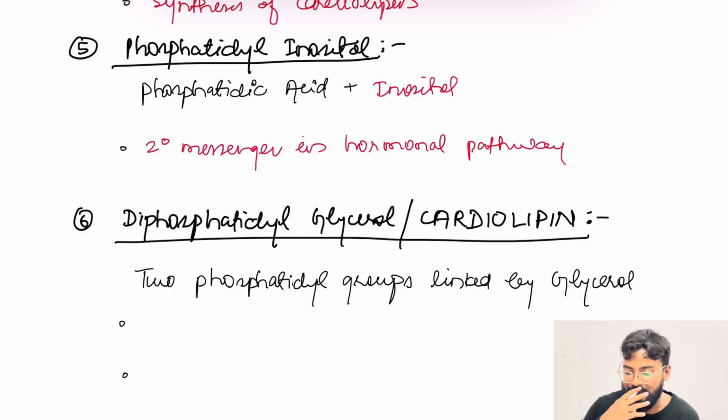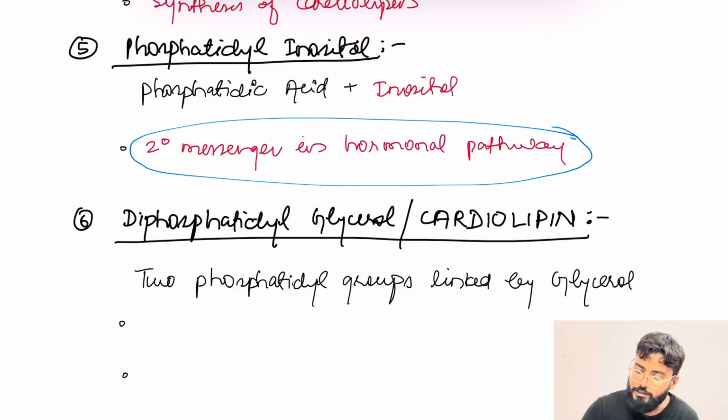You must have seen this in how hormones act when they go to extracellular receptors, and they release the secondary messengers that are going to reach the nucleus in order to further release certain proteins or certain enzymes. So this is your phosphatidylinositol, and it is important that it is the secondary messenger in hormonal pathway.